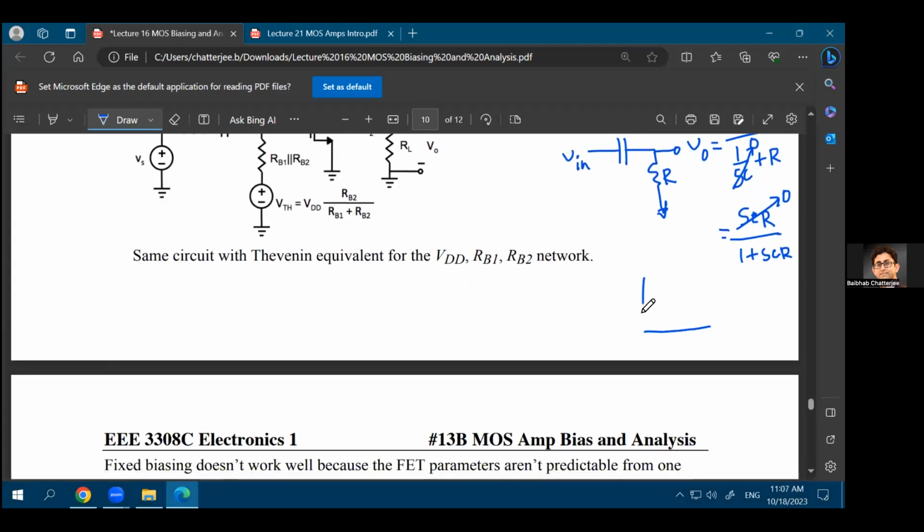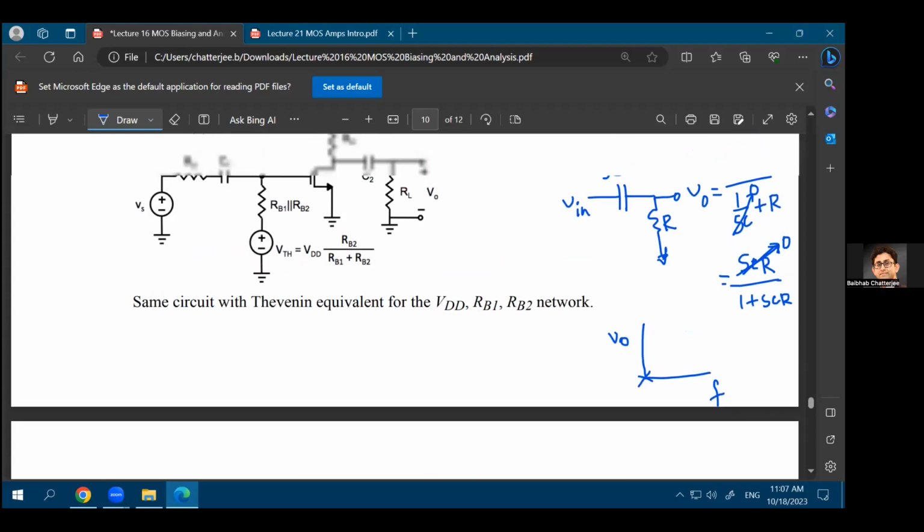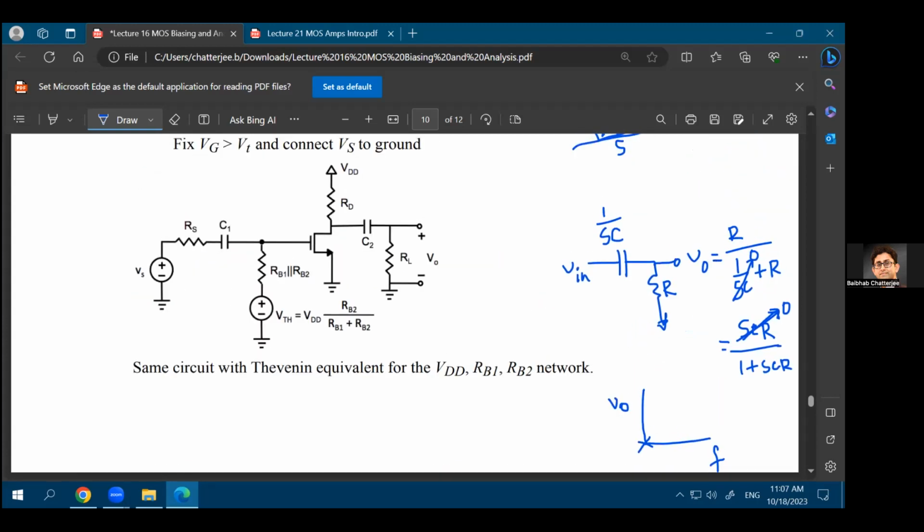So if you are plotting your V output with respect to frequency, at zero frequency, your output is 0 because your numerator had become 0. At infinite frequency, your output is R divided by R, which is equal to 1. Basically that's the transfer function. So that multiplied with V in will be giving you the voltage.